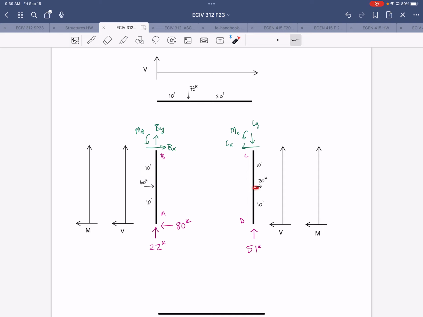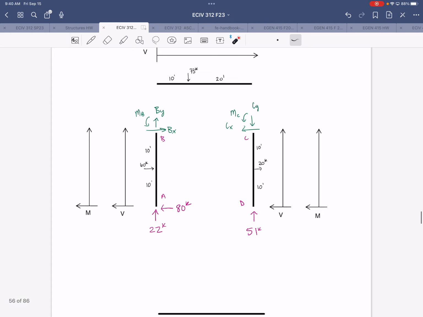The only load applied is to the right on this member, and there's no horizontal reaction at the base, so the horizontal force at C has to be to the left. The moment at C was just kind of an arbitrary positive assignment, so we'll find out whether that's correct when we go through the math.